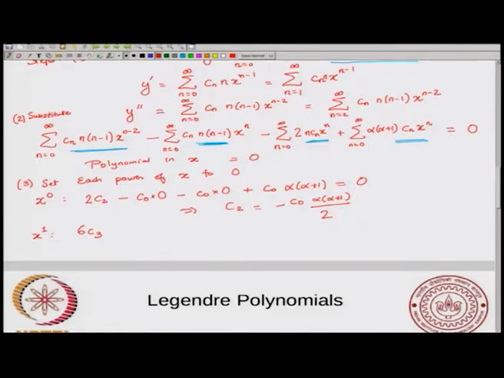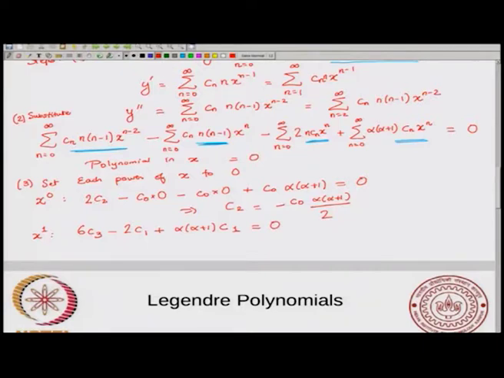In the third term, you can have n equal to 1. So, if n equal to 1, then you will get minus 2 into 1 into C1. So, minus 2 C1, and then again in the last term you can have n equal to 1, and in this case you will get plus alpha plus 1 C1. This is the coefficient of x to the power 1, and this has to be equal to 0.